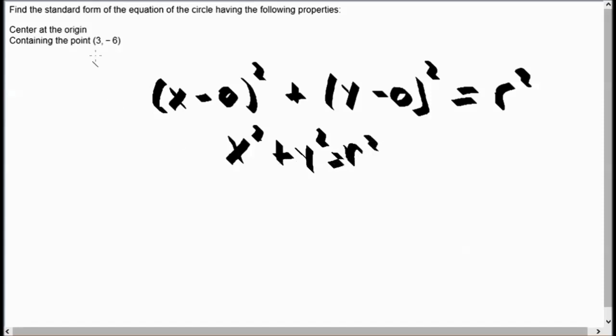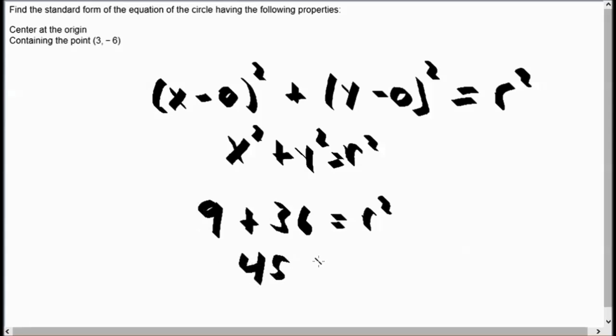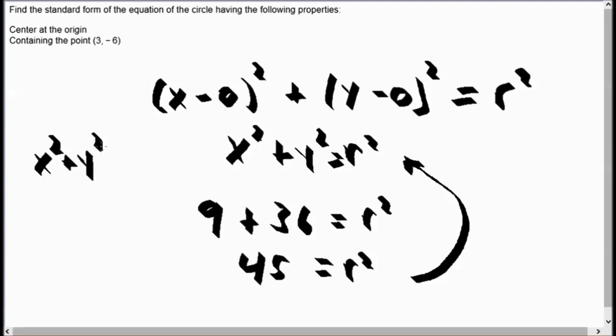Okay, and then we can just plug that point in for x and y, so we get 3 squared, or 9, plus negative 6 squared, which is 36, is equal to r squared. So we now know that 45 is equal to r squared. So we can come right up here where it says r squared and plug it in. So our answer will be x squared plus y squared is equal to 45.